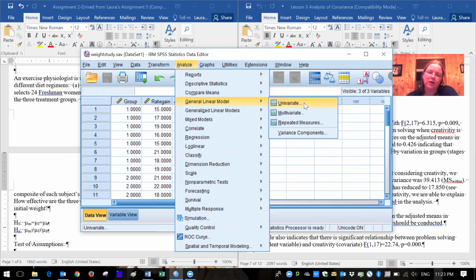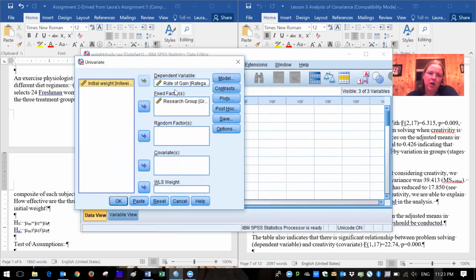So you click on Analyze, General Linear Model, Univariate, and you're going to put the rate of gain as your dependent variable, the research group as your fixed factor, and then your initial weight as your covariate.